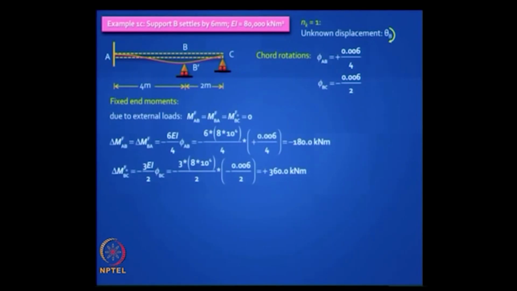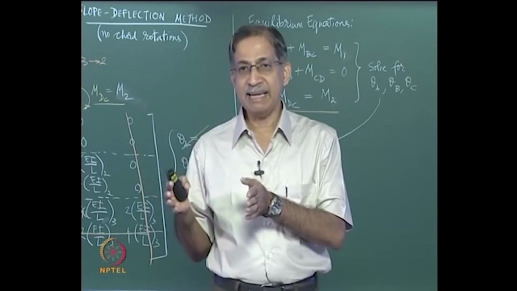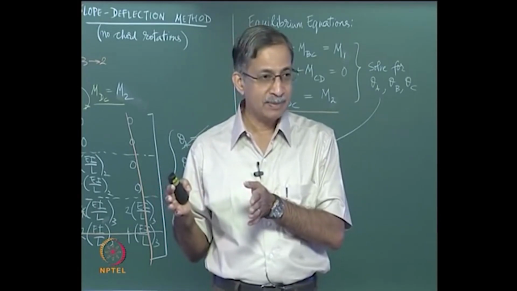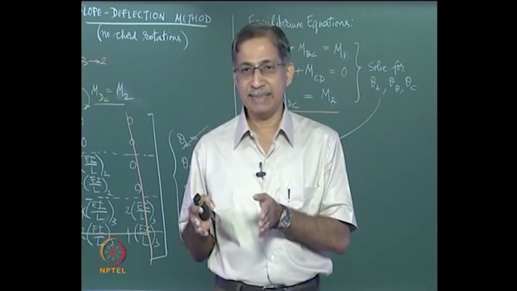So you have these additional fixed end moments, that is the language we use in moment distribution method, where for AB, when you arrest B both ends are fixed, so the end moments you develop are minus 6 EI by L into phi, remember last class, but for BC it will be minus 3 EI by L into phi because you are dealing with a propped cantilever when you are fixing B. Is it clear?